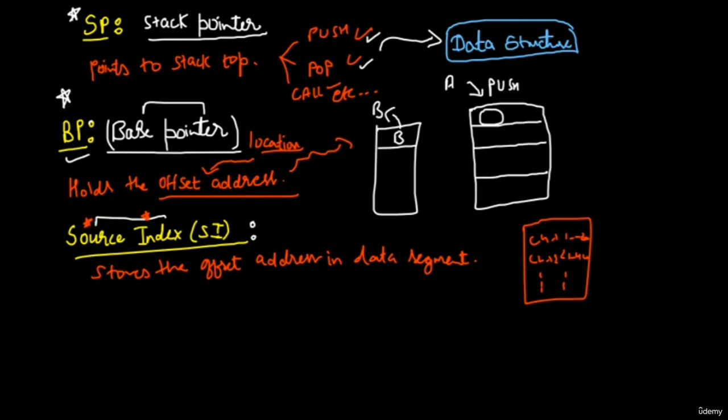Well, if you notice closely, you might already have noticed it: offset address. Yes, both are the same thing. But this one is having data segment, and in this one, I have not written it here, but it is the stack. Actually, stack. I should write it clearly.